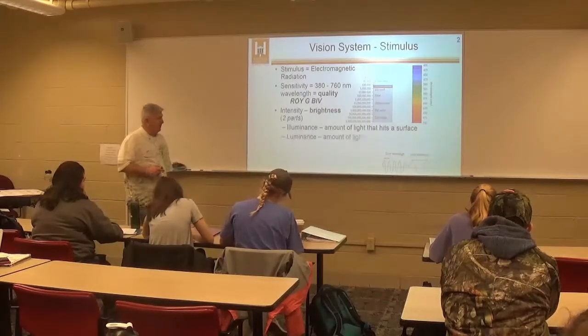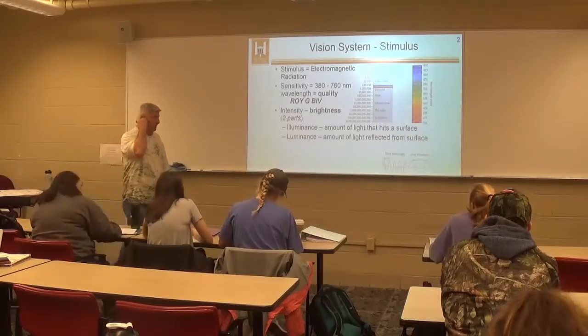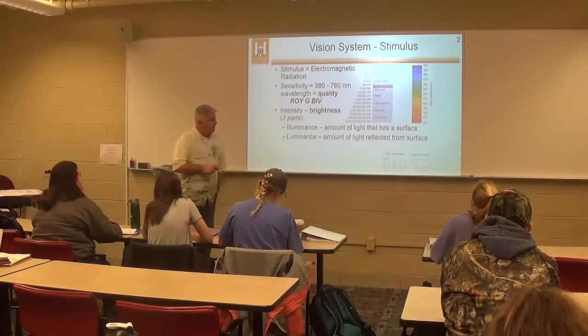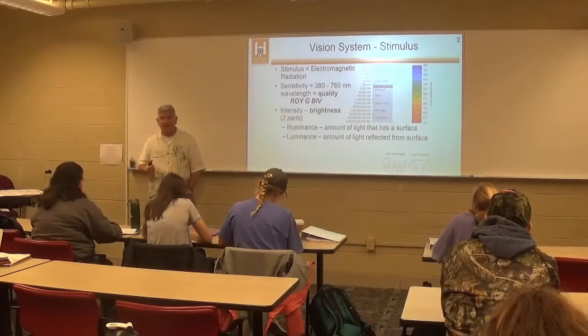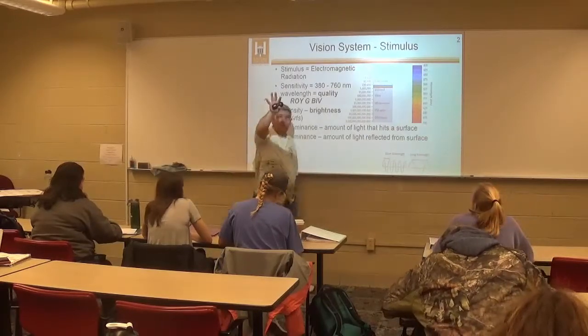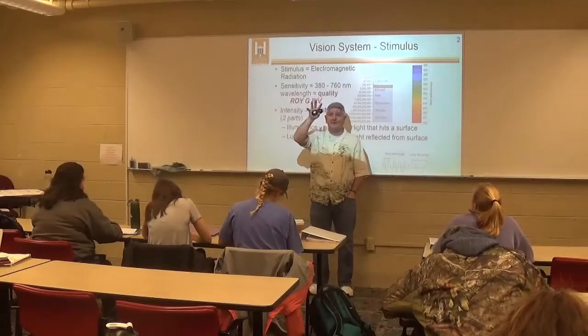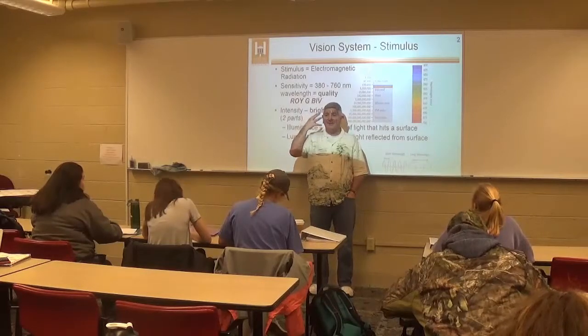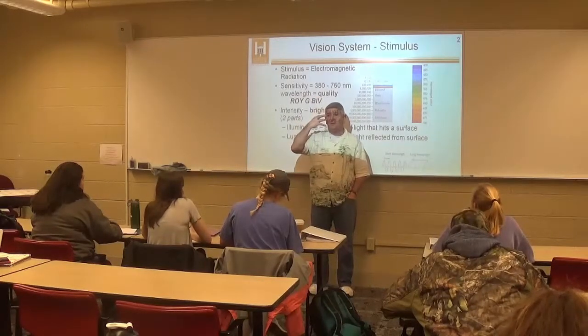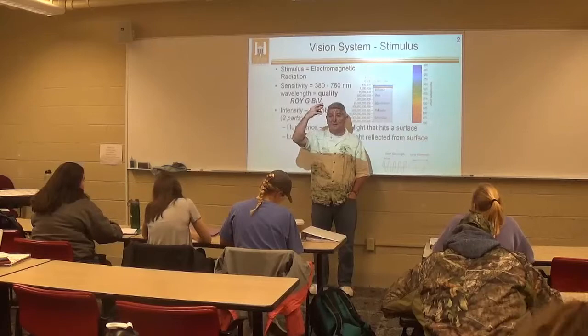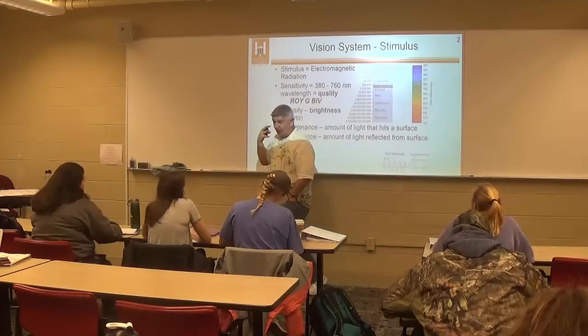And so there are two parts when we talk about brightness. We have illuminance, which is the amount of light that hits a surface. So if we talk about that bulb in that projector sending white light in my face, that is illuminance, the number of lumens, the amount of intensity of light coming off of that bulb.